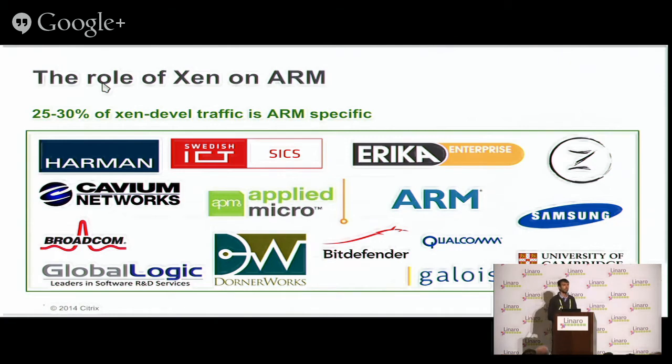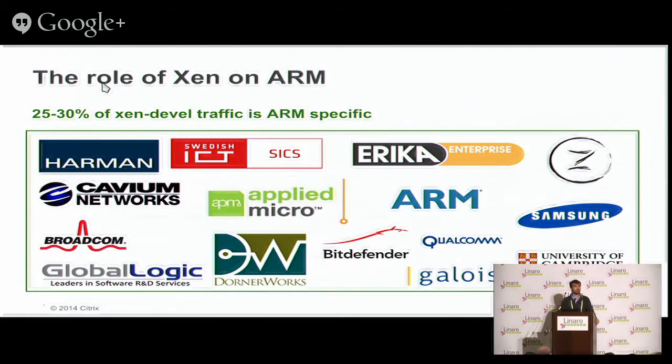And we attribute about 25 to 30% of the overall activity that you've seen before to ARM development. So why is it so high? Well, there are so many companies that are already developing, evaluating, testing, debugging, or just helping on Xen on ARM development. Not all of them, of course, do ARM servers.